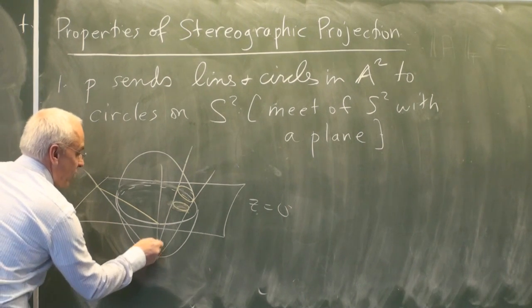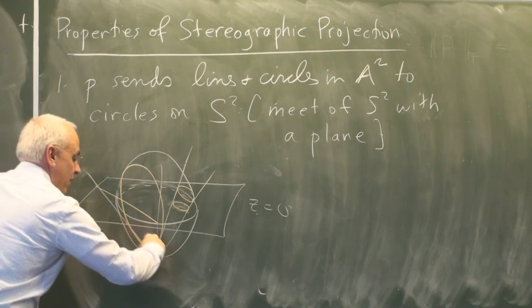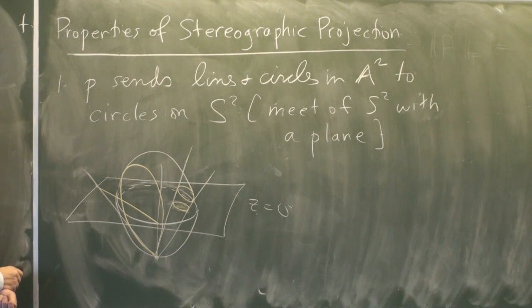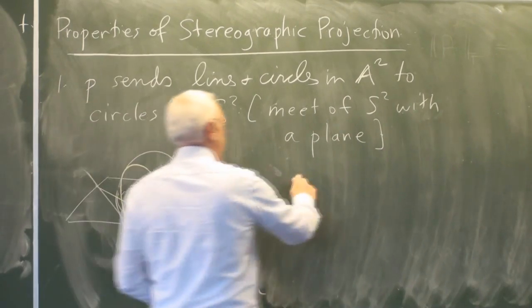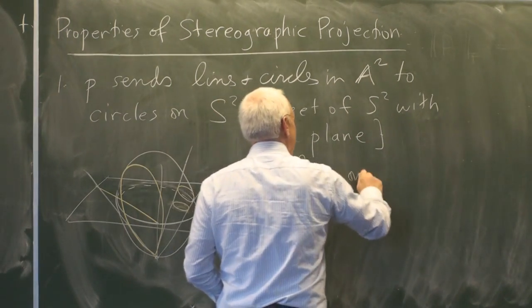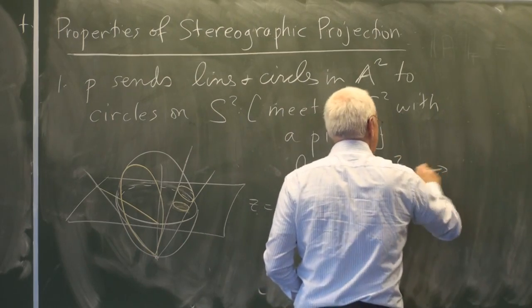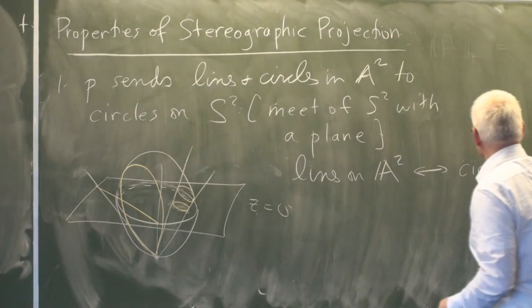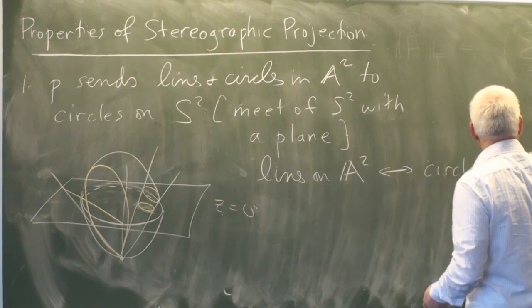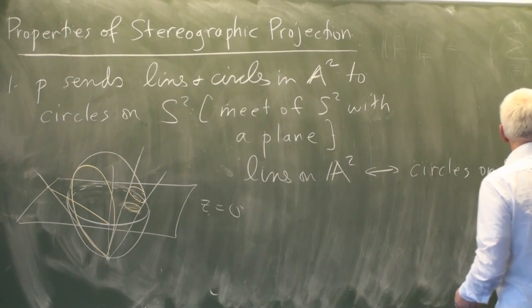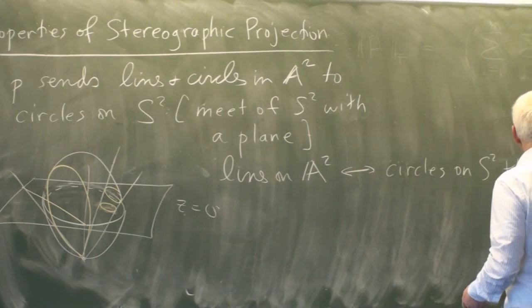It's a circle that actually goes through the South Pole. So in this story, the lines on the plane, the lines on A2, match up with circles on S2 through our south pole S.